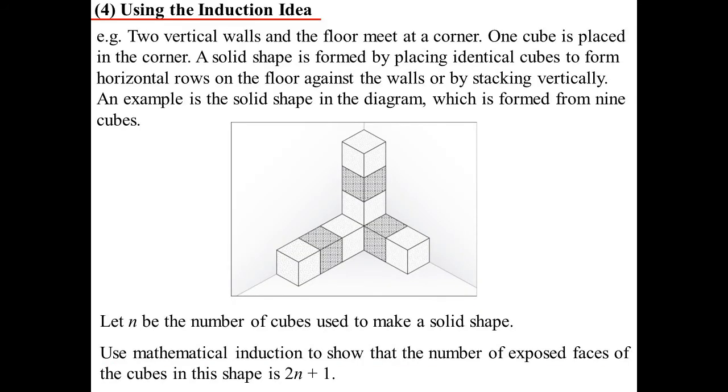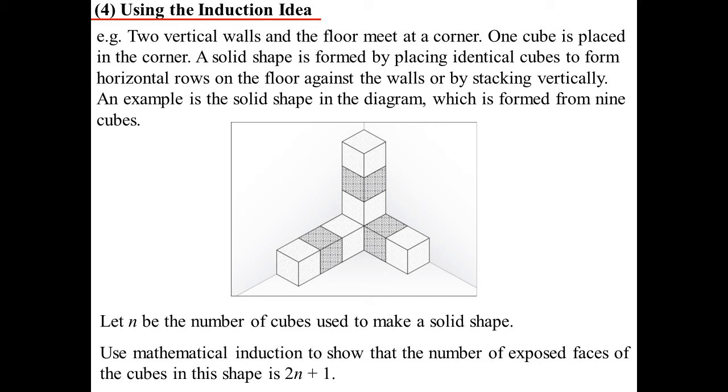Now, this one's different again. I mean, the idea of proof by induction is exactly that. It's an idea. 2 vertical walls and the floor meet at a corner. 1 cube is placed in the corner, and then a solid shape is formed by placing identical cubes to form horizontal rows on the floor, and then a row, a column, I suppose is a better word really, by stacking it vertically.